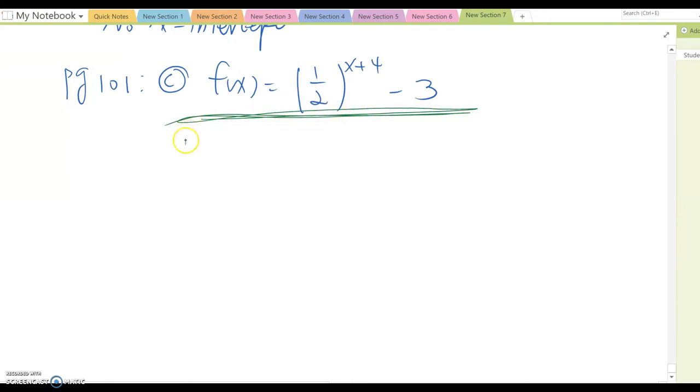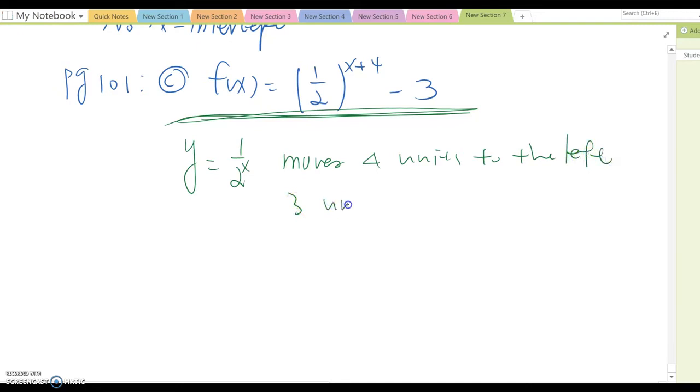So we can say this one, y = (1/2)^x graph, moves 4 units to the left, and then 3 units down.